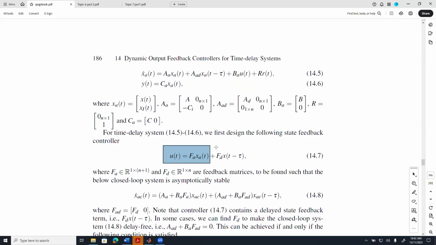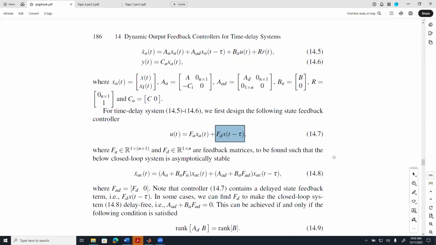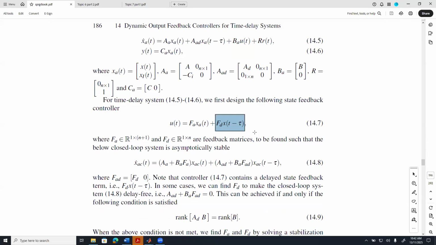Here we have this extra term in there. And the reason for having this extra term is that it will significantly relax the stabilizability condition of finding a control law to stabilize the system. Okay, that's the whole idea behind that.